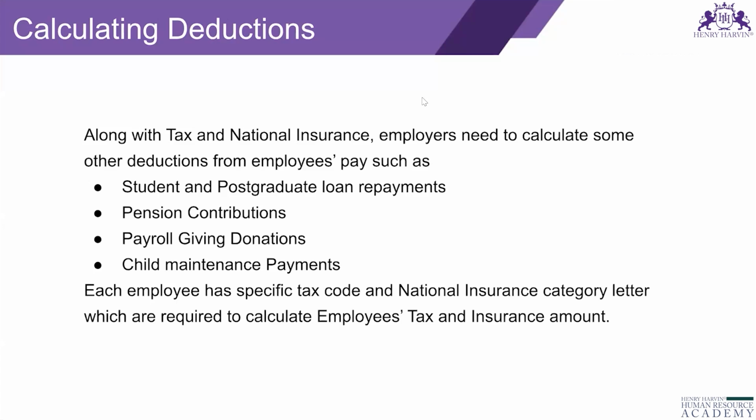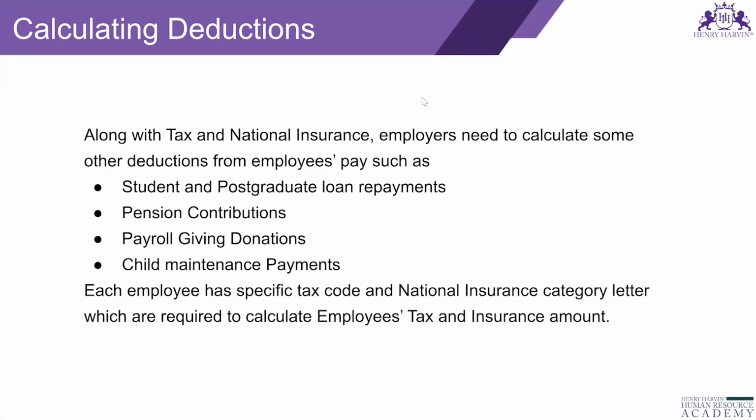Then child maintenance payments. These are the payments for the upbringing of a child if there is a divorce or separation. So the parent who is taking care of the child, the other parent has to pay that amount to them.